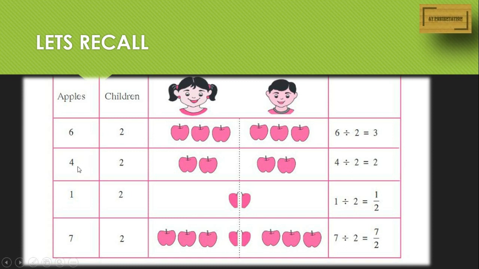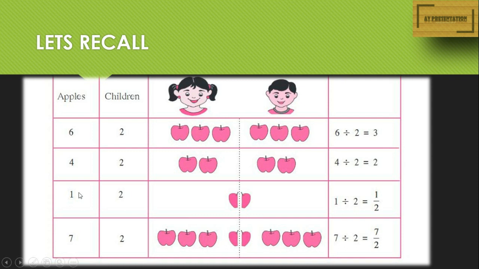Observe the second row. There are 4 apples and 2 children. Then we can divide 4 apples 2 by 2. Now observe, students, in the first 2 rows the apples are shared equally.